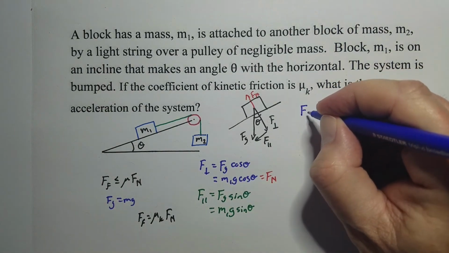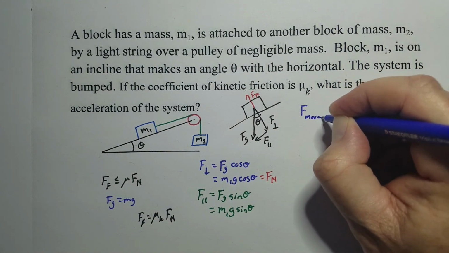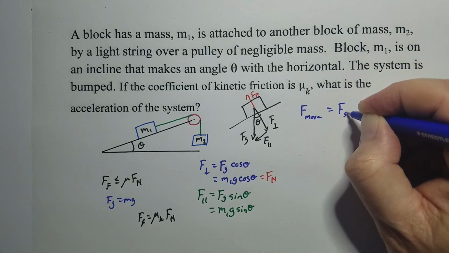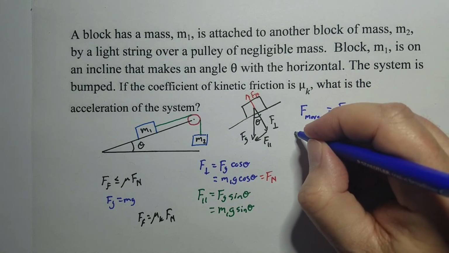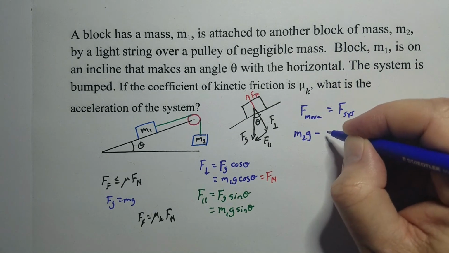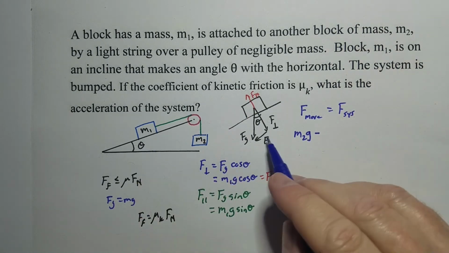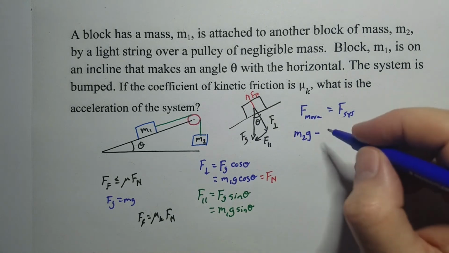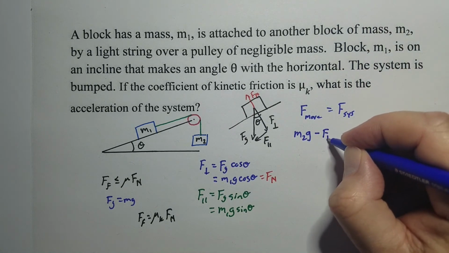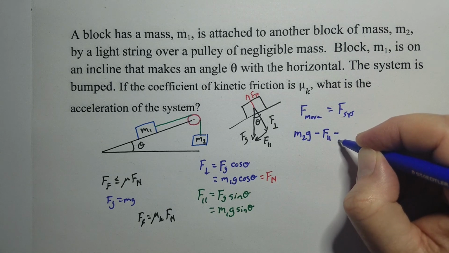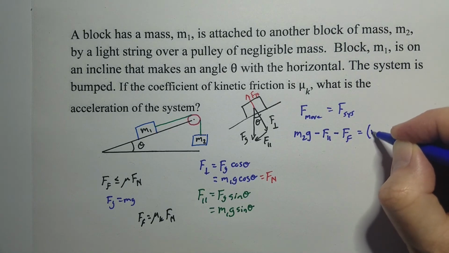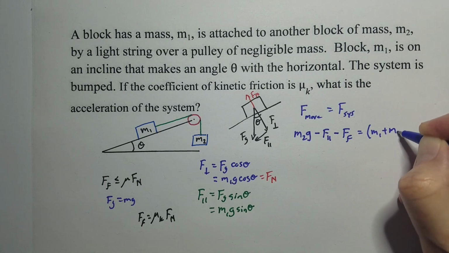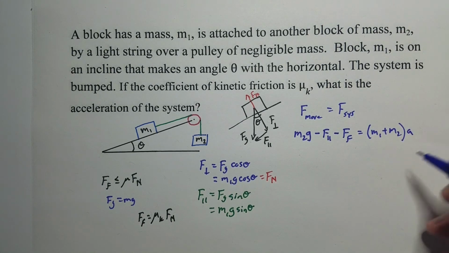The force that's affecting the movement is equal to the force on the system. What's affecting the movement is the weight of that one. So we have m2g minus the weight of this one parallel to the surface, so that's the force parallel, minus the force of friction, equals the system, which is m1 plus m2 at some acceleration a. We don't know what that is. We're going to solve for it.